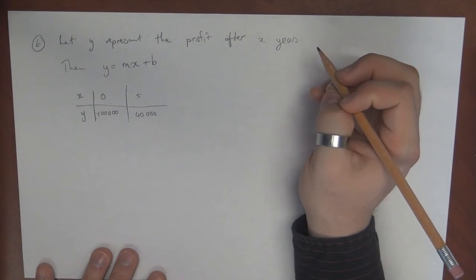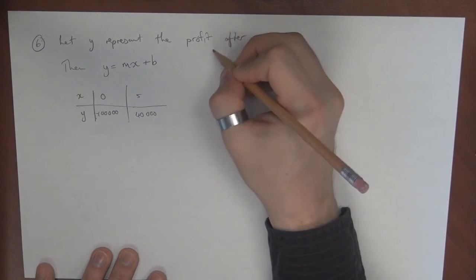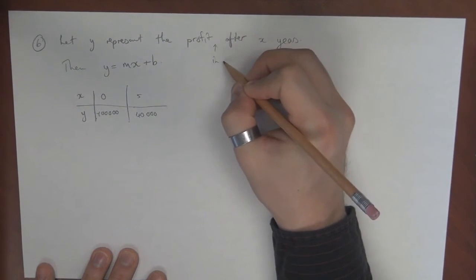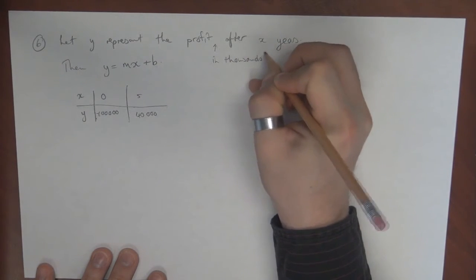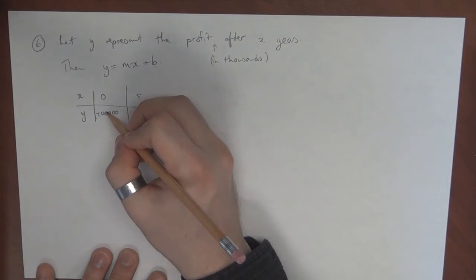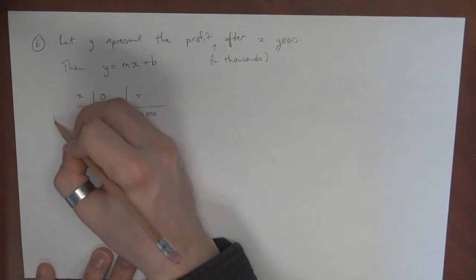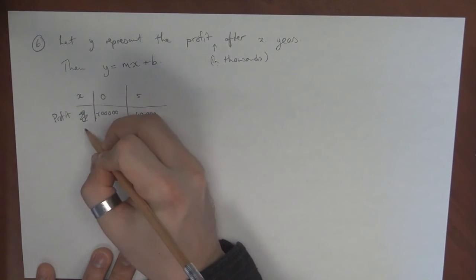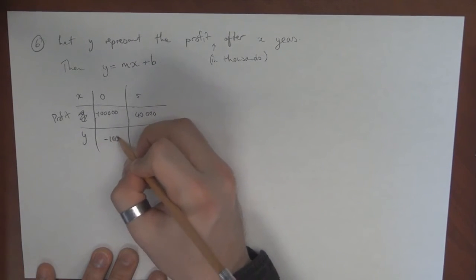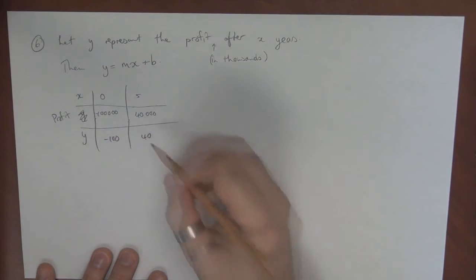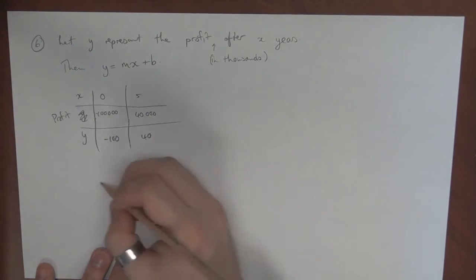Now, to make this more comparable, let's say the profit is represented by y in thousands. So y will be negative 100 and 40, just so the numbers are more comparable.